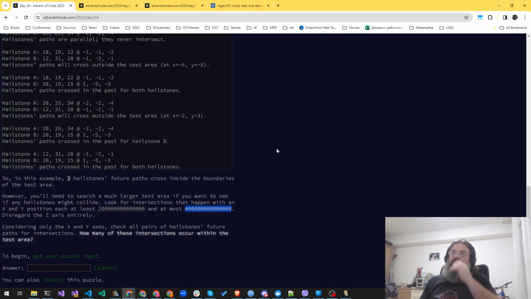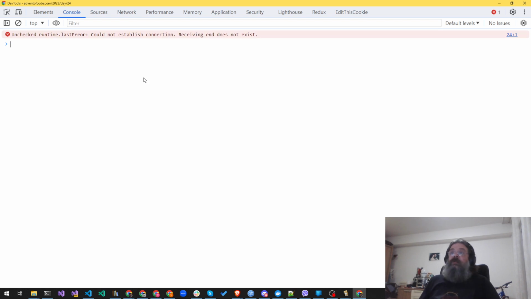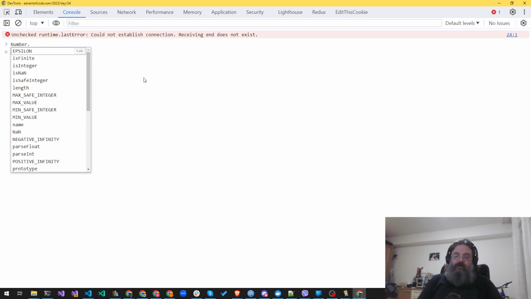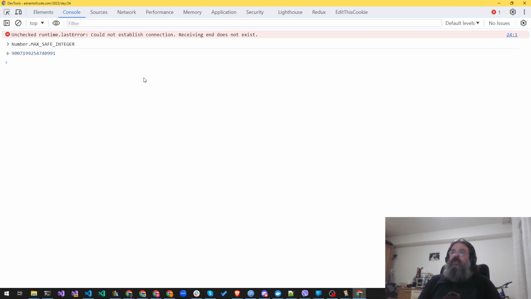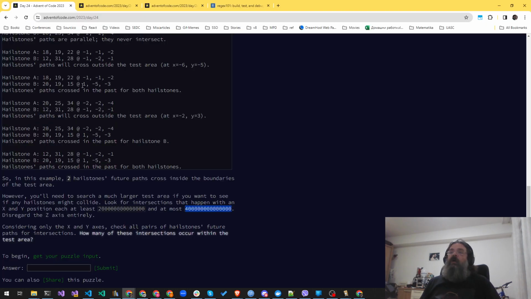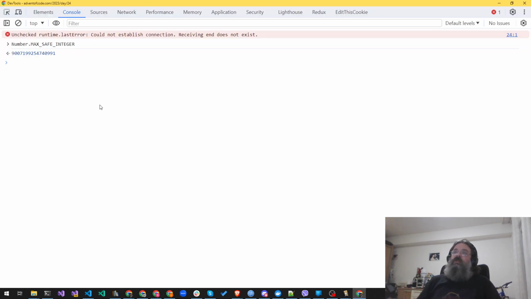Fortunately, I think that's something like 16 or 17 digits. JavaScript is quite okay to work with integers. And we actually have this value, which says this is the maximum integer where you are safe to work with it.